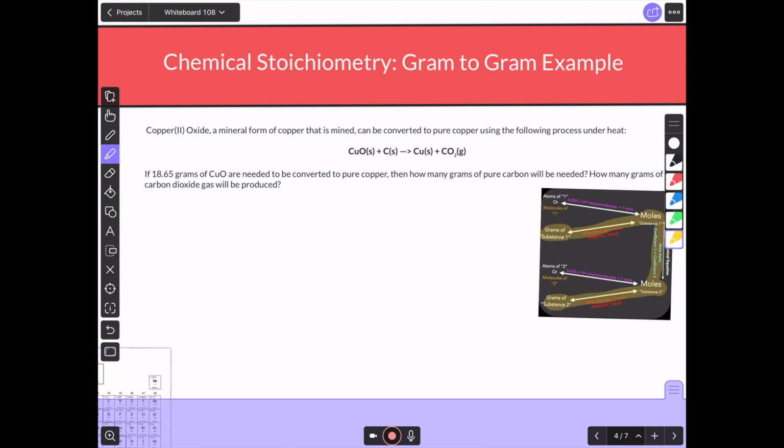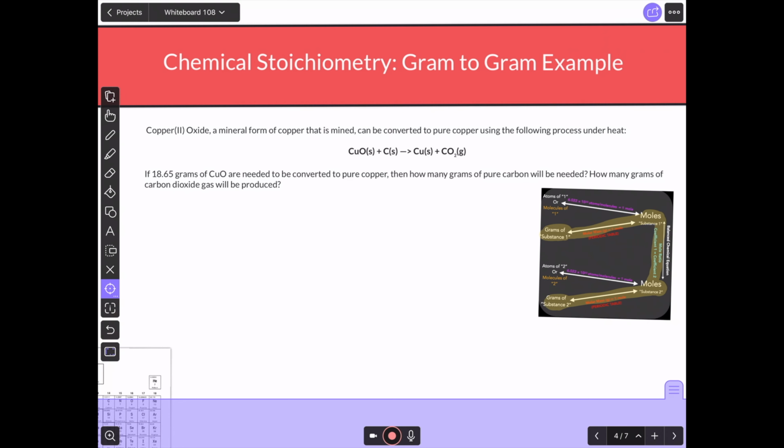Okay. So, this is the same number from the last problem. So we're starting with the grams that's identical to the last problem. Now we just want to get to grams of the carbonate and grams of the carbon dioxide.